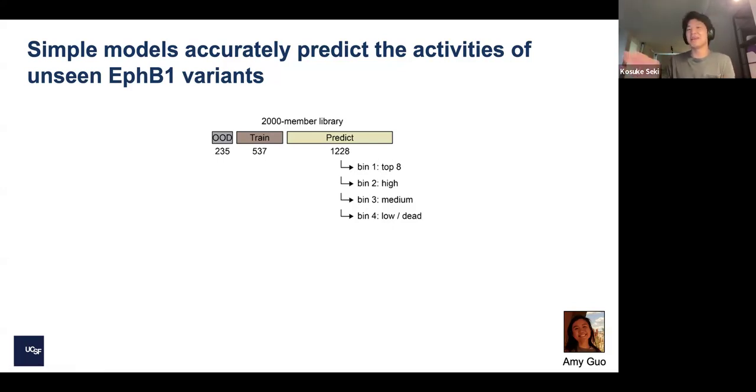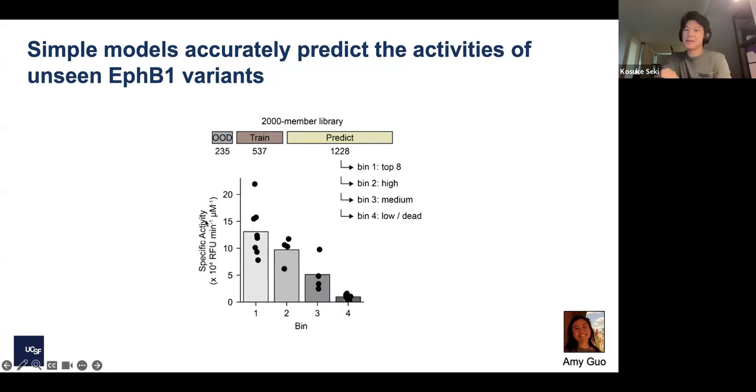So these are variants that have never been seen by the model. And we can see that here, if we look at the experimental measurements of those graphs, they match up with the predictions quite well. So for example, the top variants generally have higher activity than the variants that we binned in the medium activity measurements. And then we find that the low or dead variants are basically spot on.